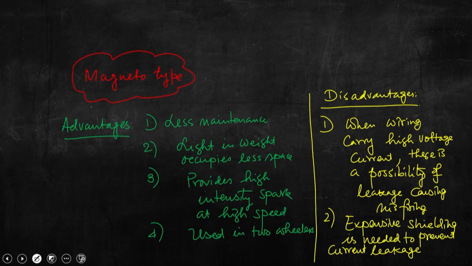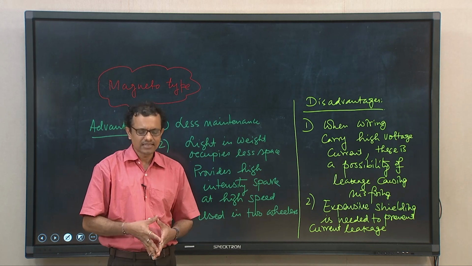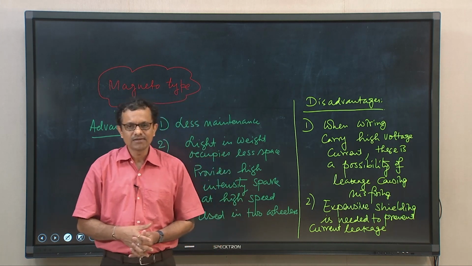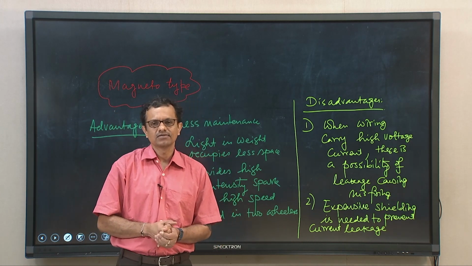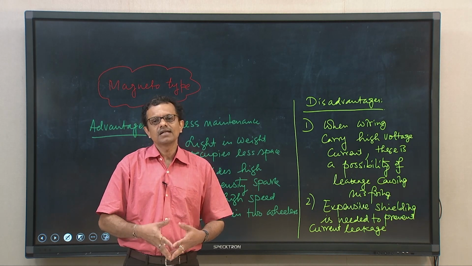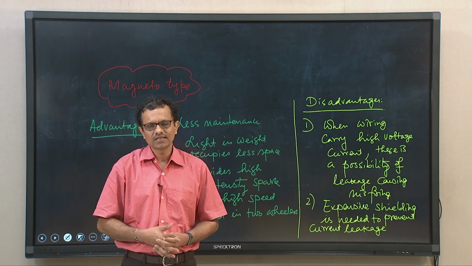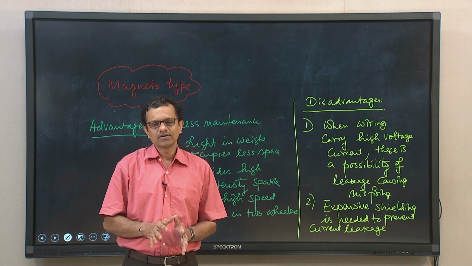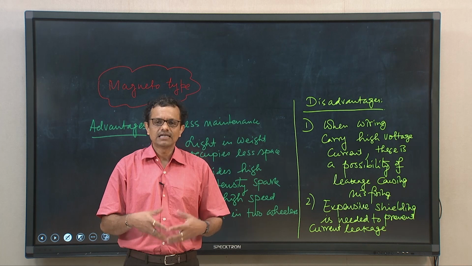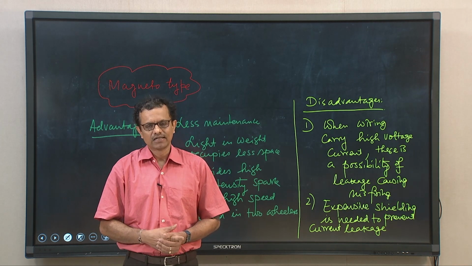So, if we summarize today's discussion, we can see that we have discussed the engine system, starting from the definition of a mechanical system. We also could define the engine system. In the engine system, there are several subsystems. We have identified 3 major subsystems. We have discussed an important subsystem today and several types, their advantages and also disadvantages.